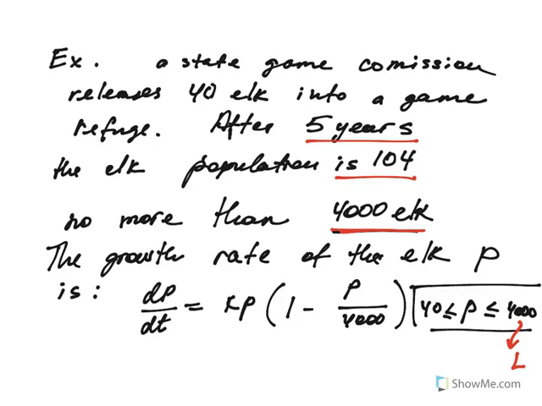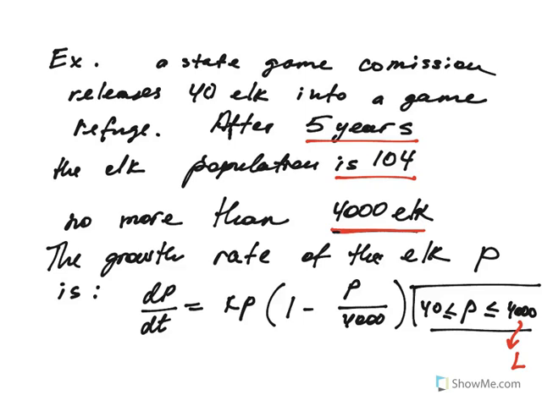Now, here's my question 1. Let's call it part A. Write a model for this population in terms of t. So it has to be a logistic model, right? Because of this fact.